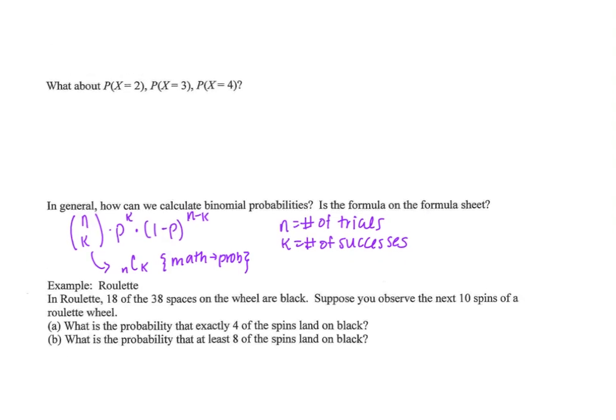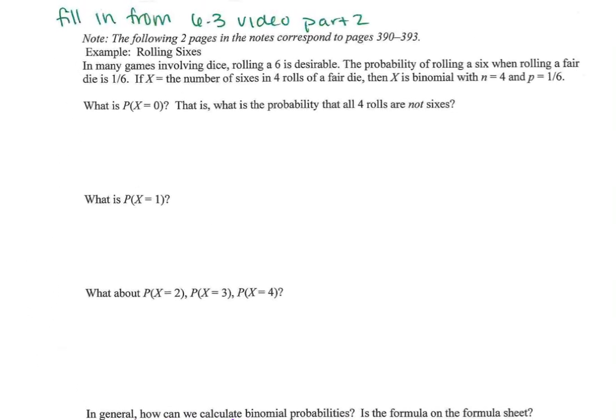So let's do a couple practice problems. In many games involving dice, rolling a 6 is desirable. The probability of rolling a 6 is 1/6. X is the number of sixes in 4 rolls. Then X is binomial with n equals 4. Probability of success is 1/6.